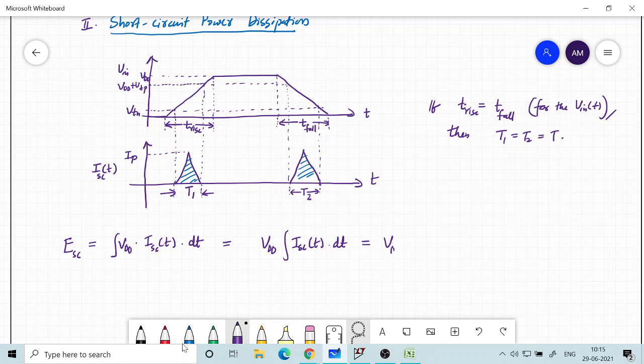So that is equal to VDD times the area of the triangle. If you are considering both rising and falling of the input voltage, let us write both. The area of a triangle is half base into height, which is IP, so T1 into IP divided by 2, and similarly half T2 IP.